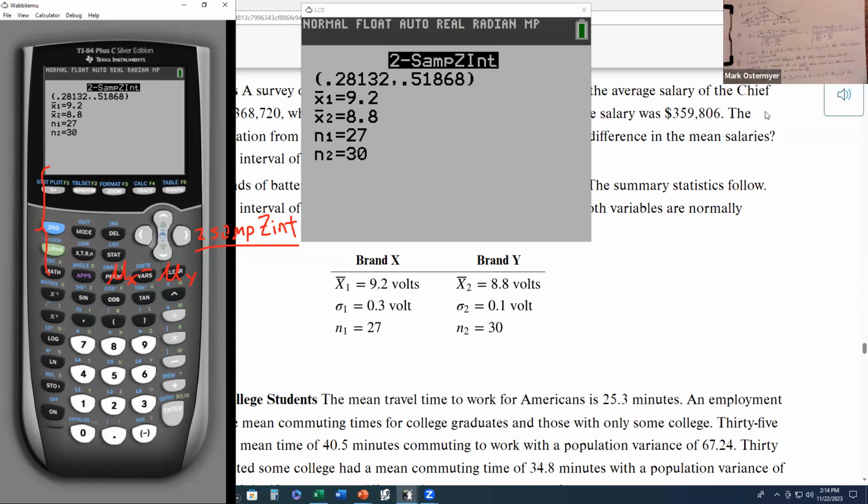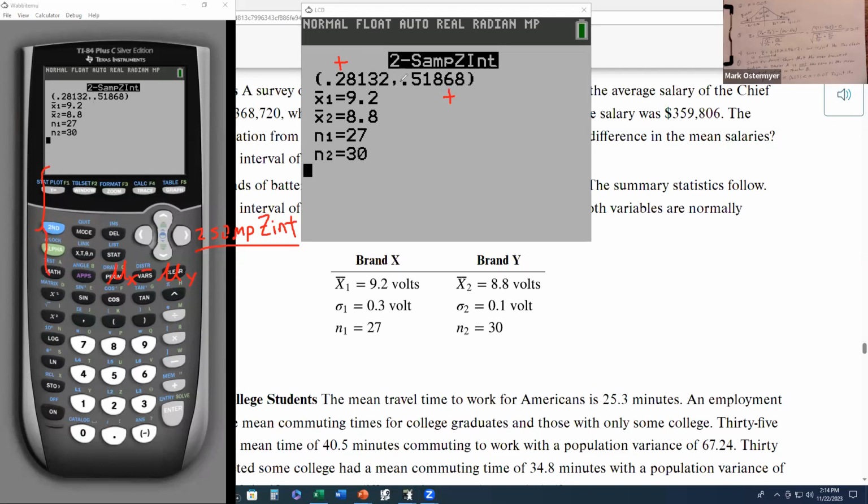Now I have a question for you. Are both of these endpoints of this 95% confidence interval positive or negative? What do you think? Positive. Both positive. So I have a question. Would zero be found in this interval?